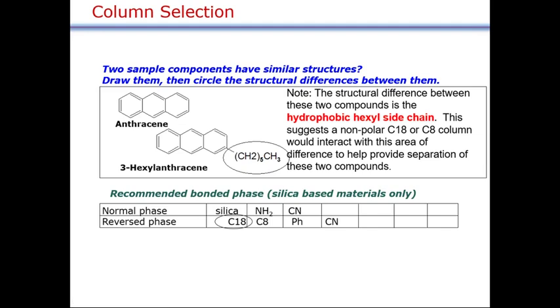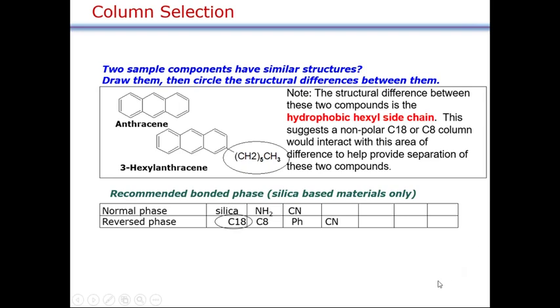And so, this suggests that we can use a C18 column in the reverse phase to separate these two, because the attraction to the C18 will be different between the two. This will be attracted more, whereas this will be attracted less.